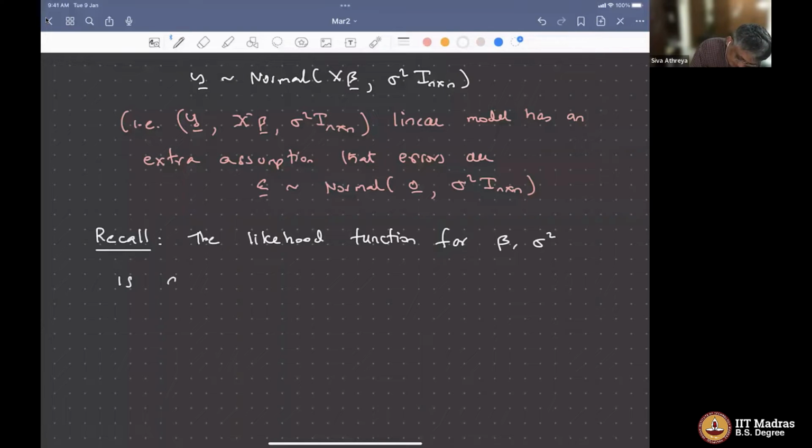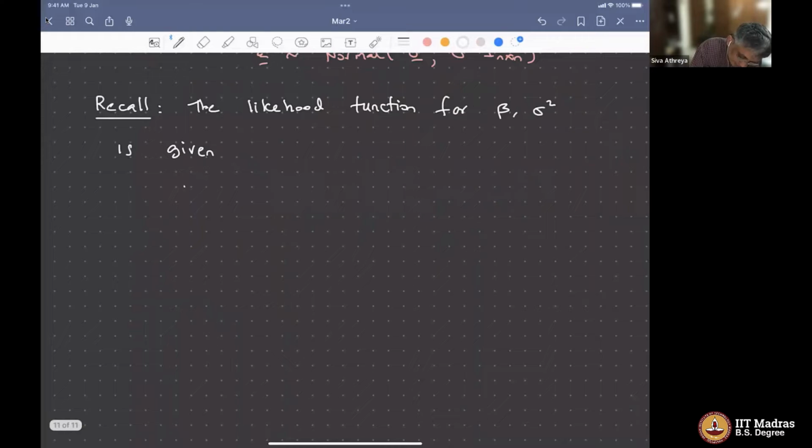Since the distribution is normal, I can write down the likelihood of beta, sigma squared given my vector y. What's that going to be? It's the normal density.